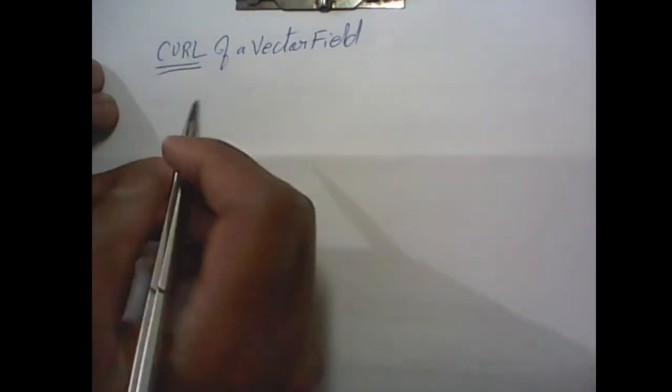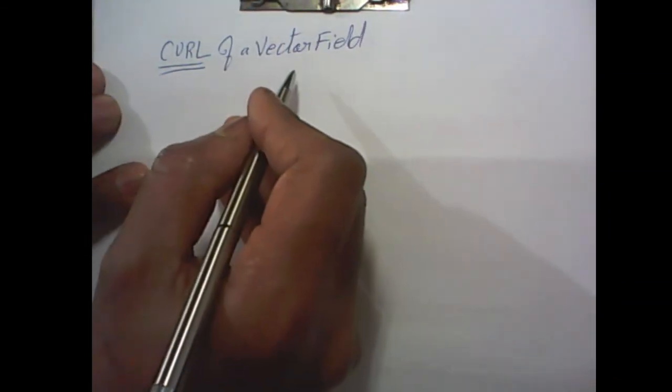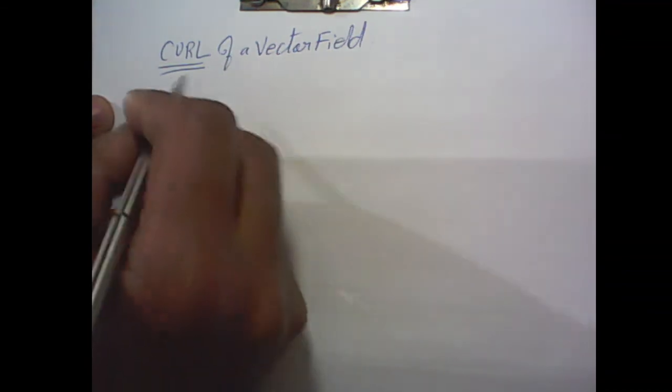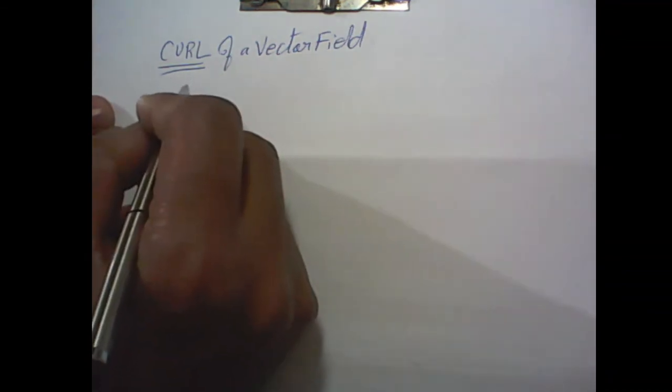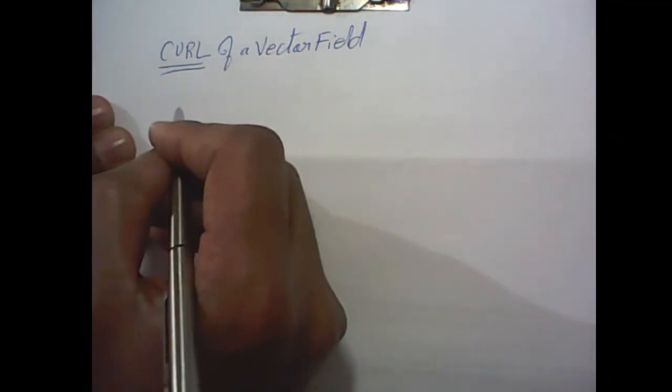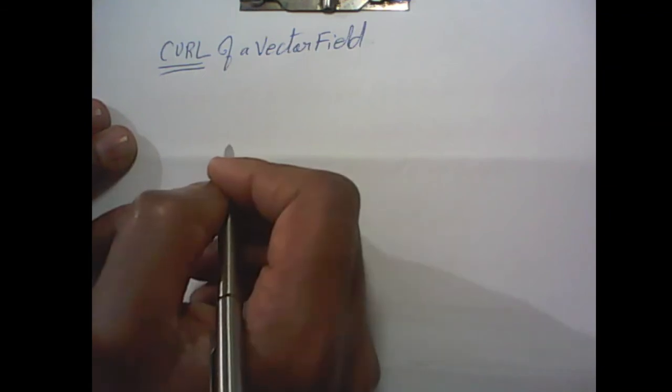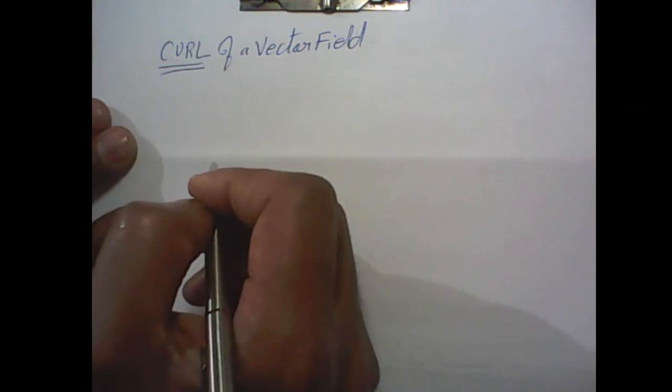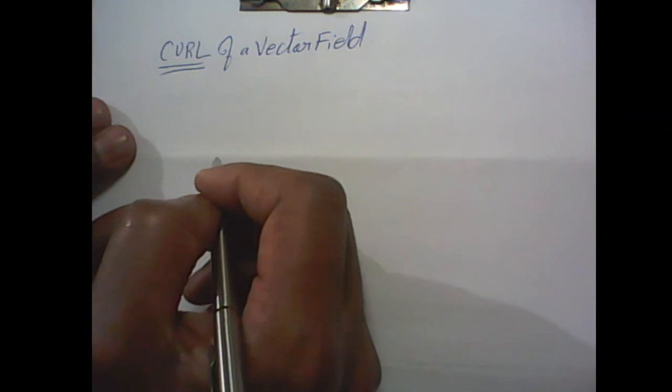Okay, next we come to the curl of a vector field. What is the curl of a vector field? The significance you can make out from the name itself. How much a vector field curls round a point. Curling vectors. Just now we talked about the magnetic field. The field lines, they curl, they go round. Similarly, if you wash utensils in your basin, when you pour water, you'll see that a vortex is formed.